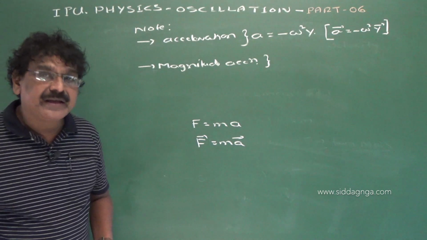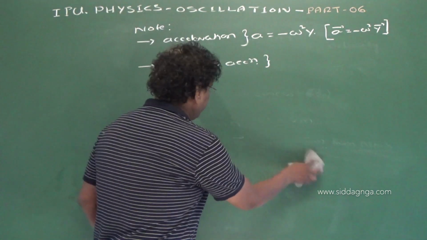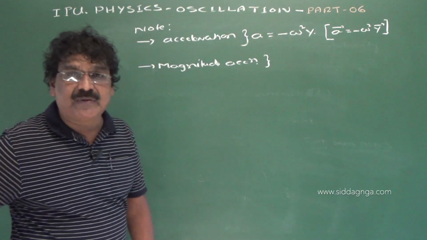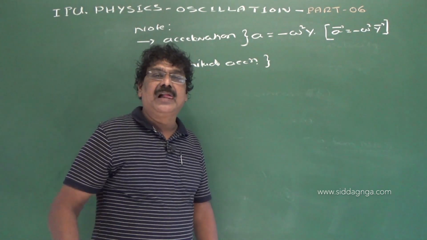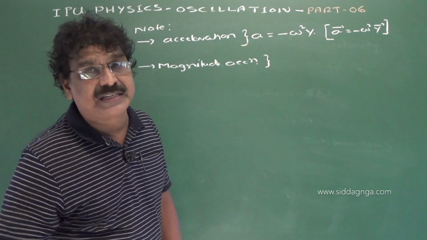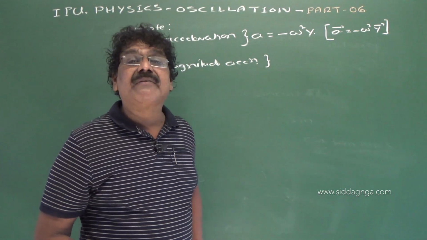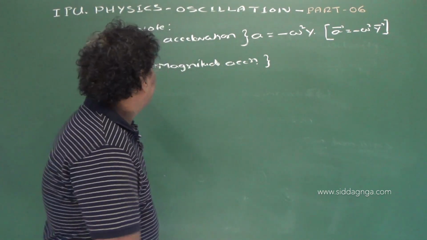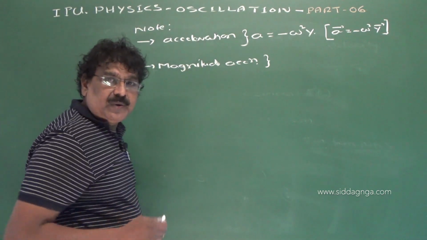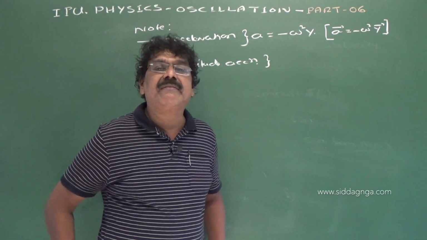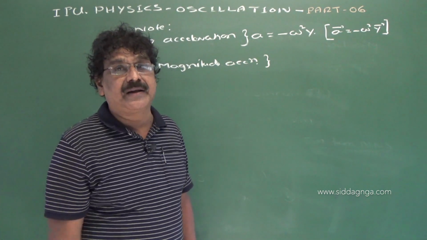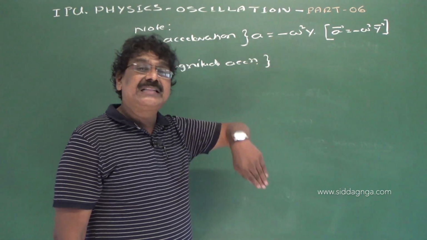Similarly, we have distance and displacement. Distance is the scalar form of displacement, and speed and velocity. Speed is the scalar of the velocity. Similarly, when we take the magnitude of acceleration, when we are dealing with numerical problems, we don't consider the negative side.